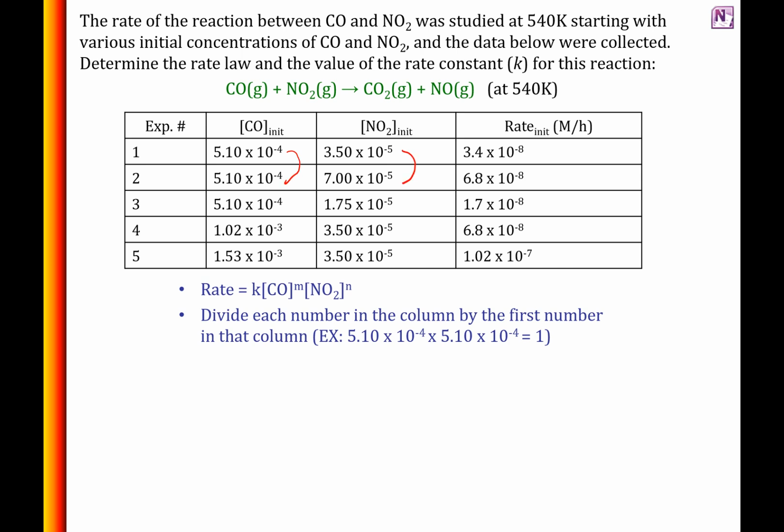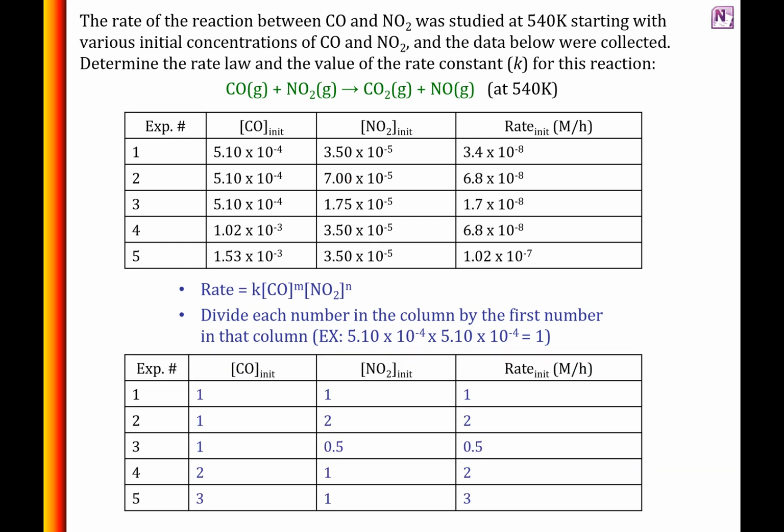From here to here, dividing the 7 by 3.5 would give me 2. What that tells me is that moving from this line to this line, I've kept the concentration of carbon monoxide the same, and I've doubled the concentration of nitrogen dioxide. I can do that for all the numbers, including the rates, and you end up with something like this.